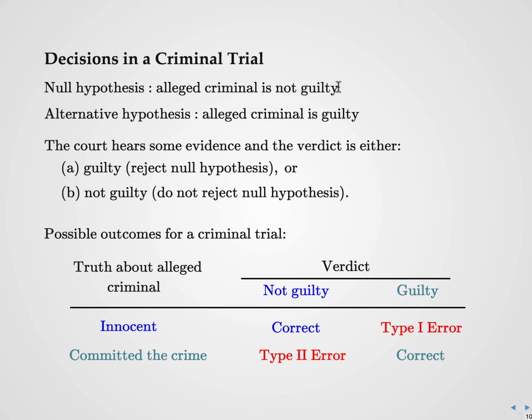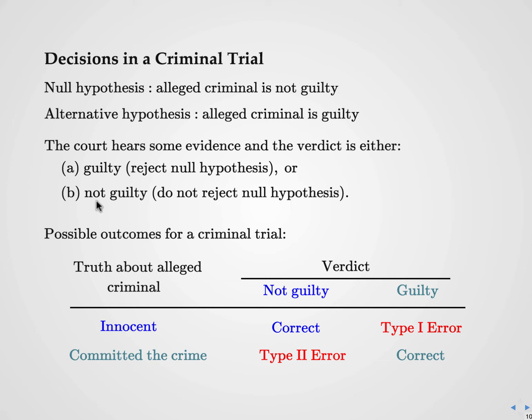Then the process of the trial is that evidence is presented, and on the basis of that evidence, the verdict is either to say that the criminal is guilty, so that this null hypothesis of innocence is rejected in favour of the alternative hypothesis that the criminal is in fact guilty, or alternatively the defendant is declared to be not guilty, in which case we do not reject the null hypothesis.